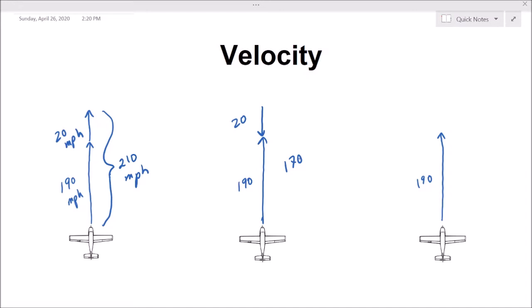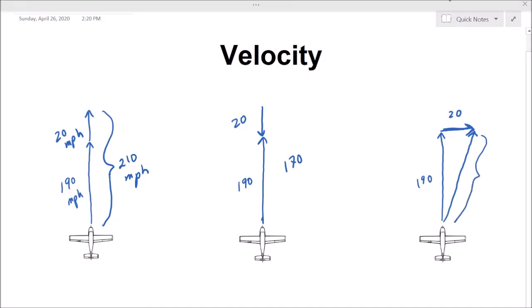And then now let's look at an example of a crosswind. So maybe the wind is blowing this way, perpendicular to the movement. And in this case, 20 again, the total velocity vector of the airplane would look something like this. And we would have to calculate the speed, the magnitude there.